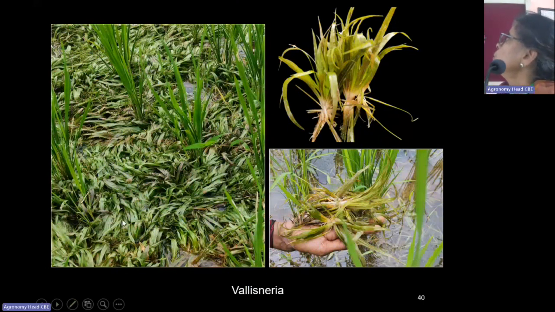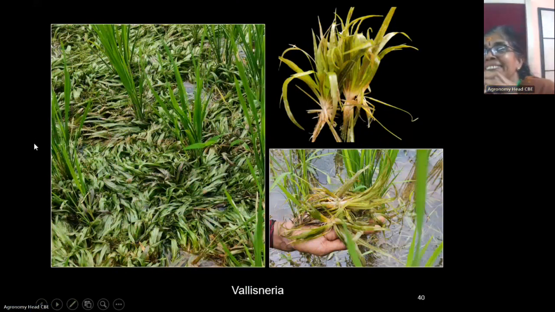Here, in the majority of cases, the agronomic practices are important. Wider spacing invites all these problems because there is sufficient light for the others.